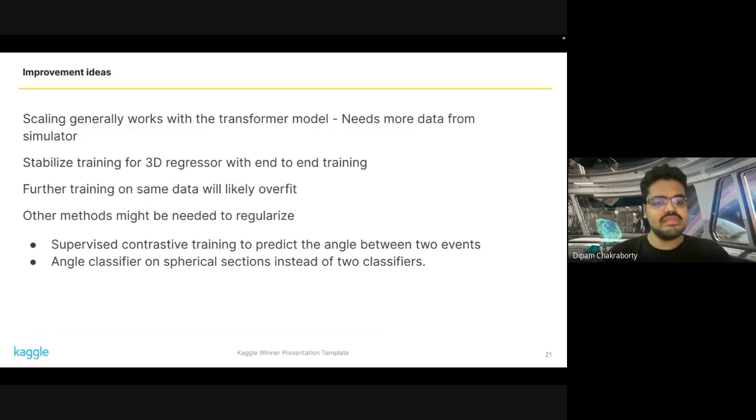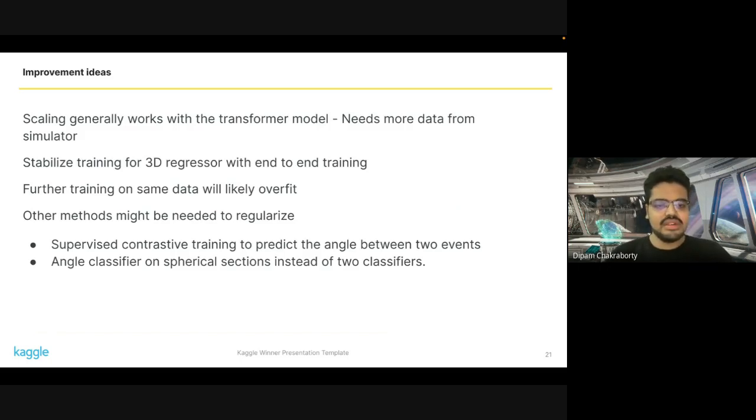So these are some methods which might help to regularize, like supervised contrastive learning. Basically predicting the angles between two sequences instead of just predicting the angle for one sequence. We can predict the angle between two events. I tried that, and it was good for small models, but as I scaled up, it was not helpful. But maybe if it's overfitting, then this might help.